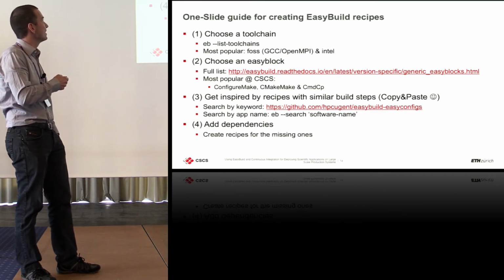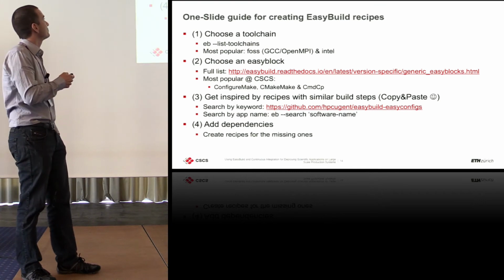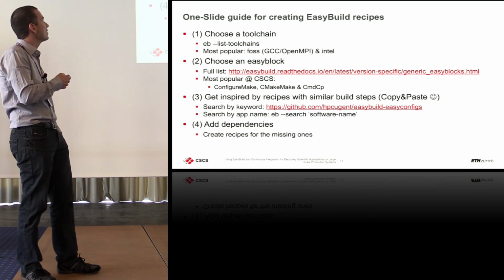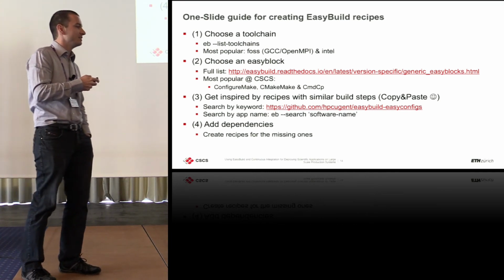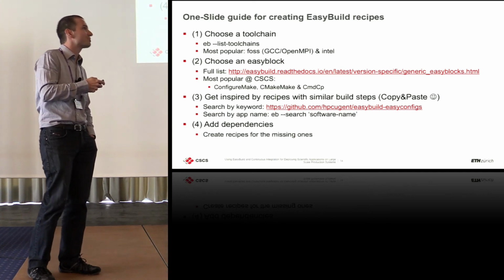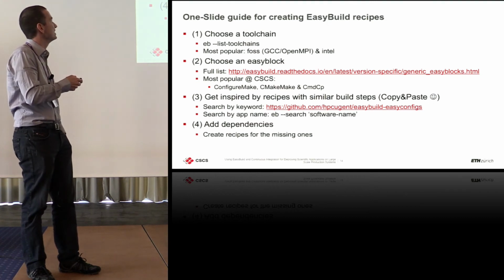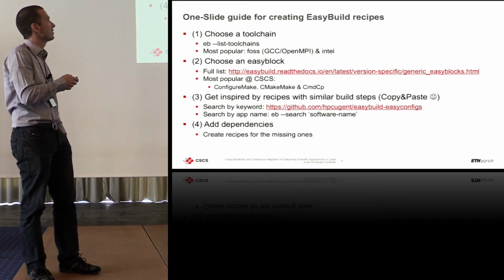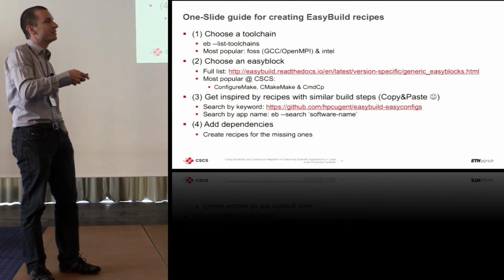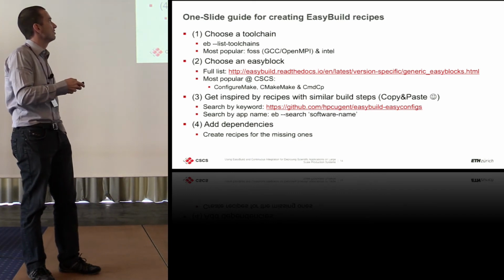After the toolchain, you need to choose the easyblock. You can always create new easyblocks if you're not happy with the current ones, but basically at CSCS we try to keep it simple. We have only 3 easyblocks that we use everywhere, meaning that we don't need to be learning or coding Python or telling people to tweak Python for every code.